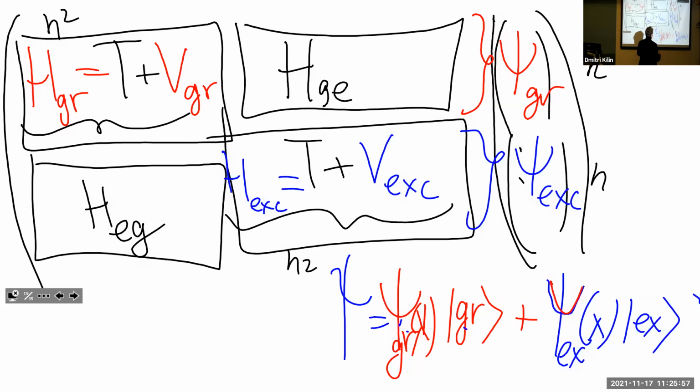So our wave function is combined as two column vectors written together in one super column vector. First we list everything related to the ground state, then everything related to the excited state. If the number of grid points is n, then for this two potential energy surface problem, the size of the wave function will be 2n: n for one, n for the other.